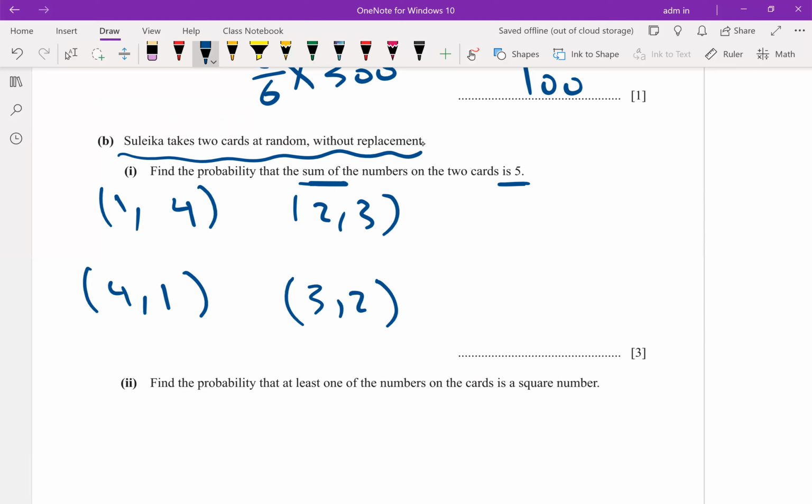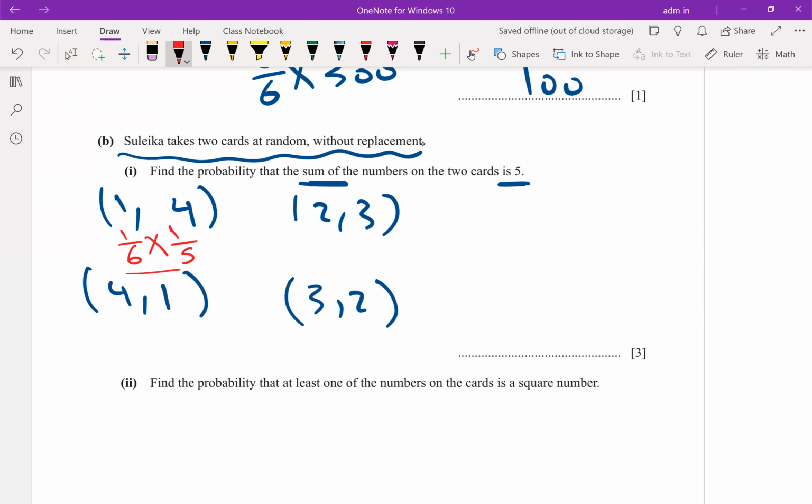So I will now find the probability. 1 out of 6 multiplied by 4. 1 out of what? Perfect. Because we reduce 1, it's without replacement. If you take 1, you will keep it outside. So the total now is 5. This happens how many times? 4 times.